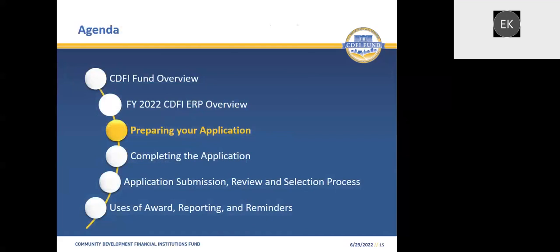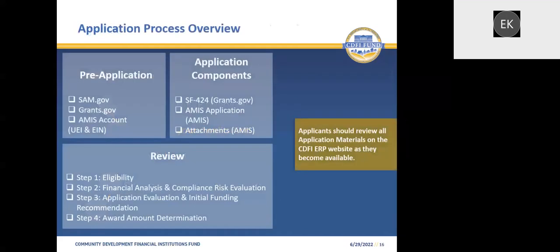Preparing your application. The application process overview. First is pre-application, which includes SAM.gov, grants.gov, AMIS account, which includes your UEIs and EINs. Application components include SF-424, grants.gov, AMIS application, and attachments.